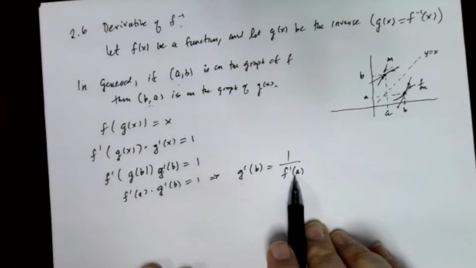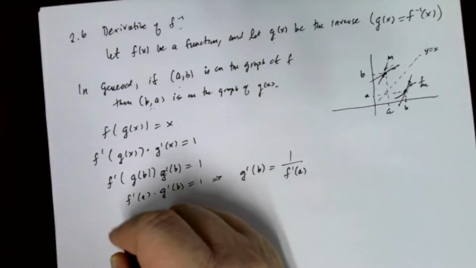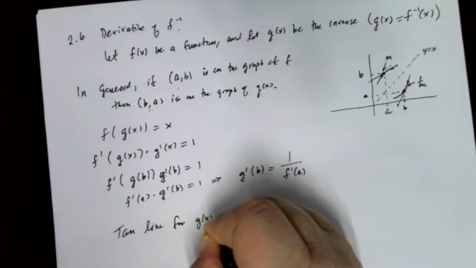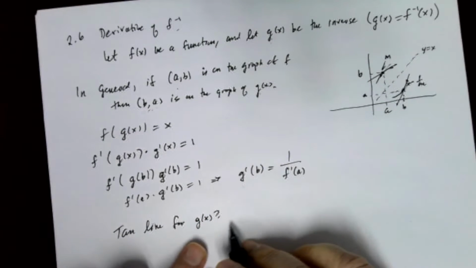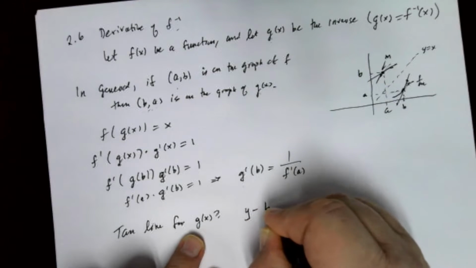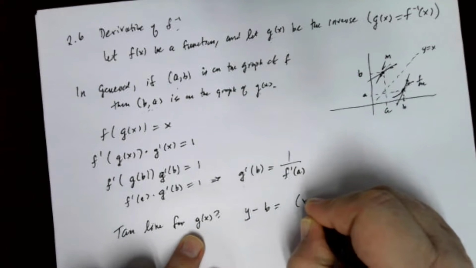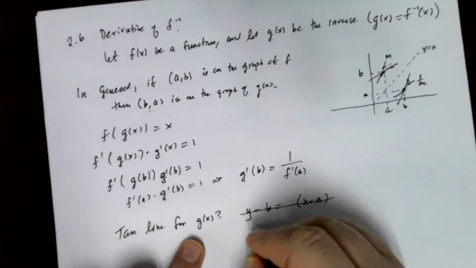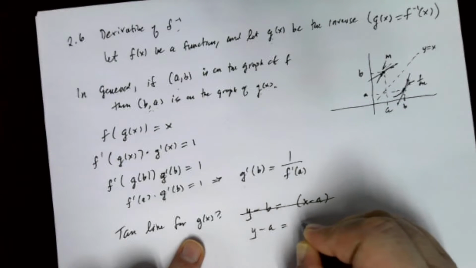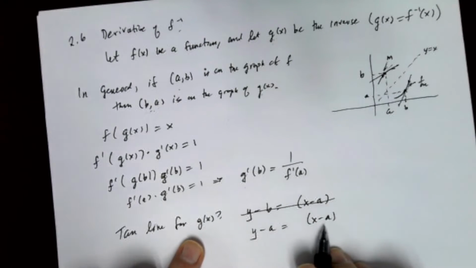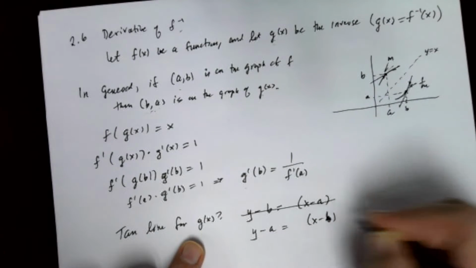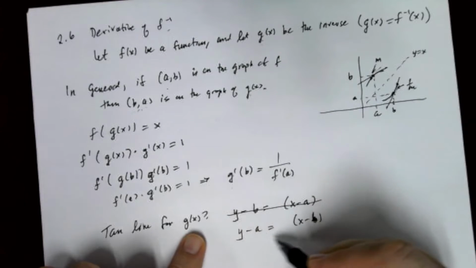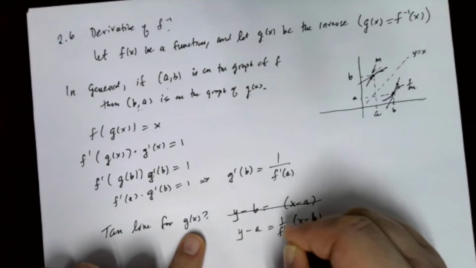So given that f prime of a is not equal to 0, what would the tangent line be for g of x? Well, we would still have y minus b equals a slope times x minus a. Oops, that's for the other function. Let me flip those. y minus a is equal to some slope times x minus b. So this is for the inverse, right? And so we know that g prime at b is going to be 1 over f prime of a.